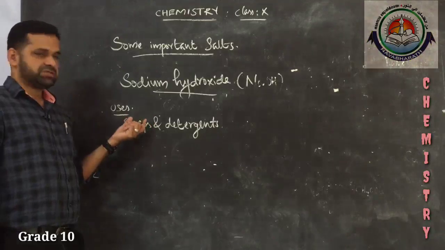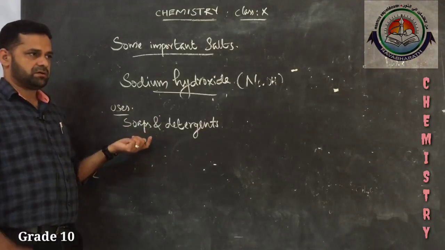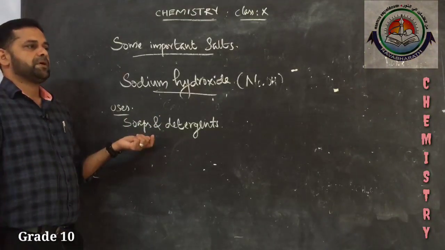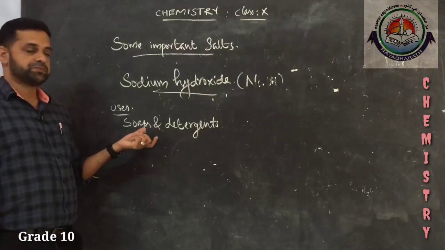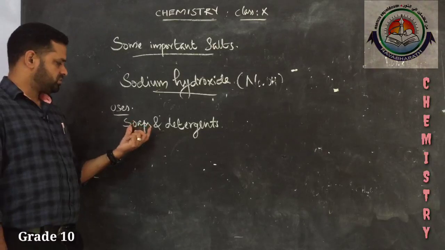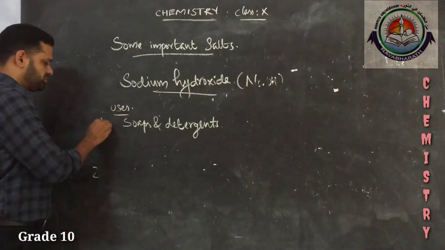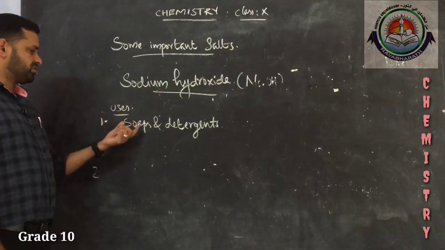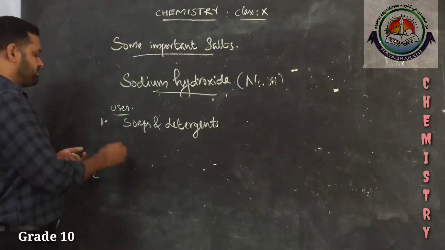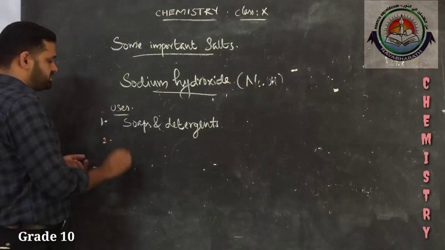That you will study later, in the upcoming chapters, where we will study about soaps, the action of soaps, etc. So sodium hydroxide is used in the manufacture of soaps and detergents.